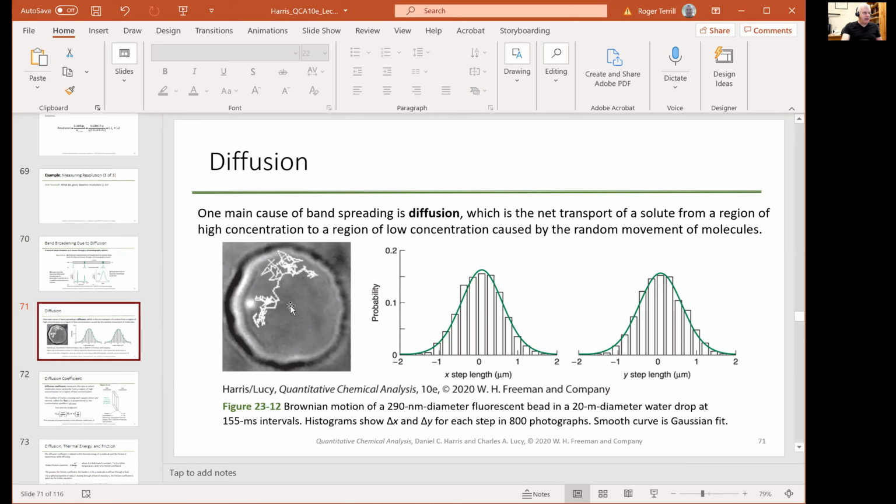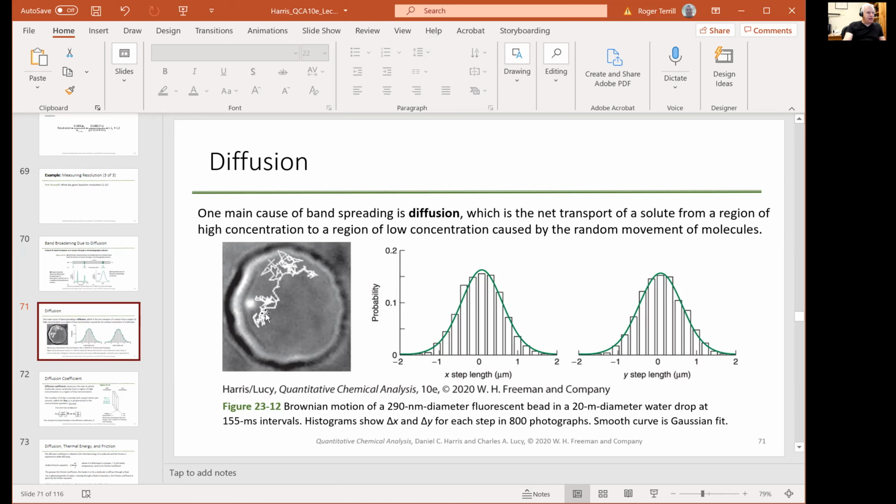So for example, this is a water droplet, and this is an image of the trajectory of a 290 nanometer diameter fluorescent bead in a 20 micron diameter water drop at 155 millisecond intervals.